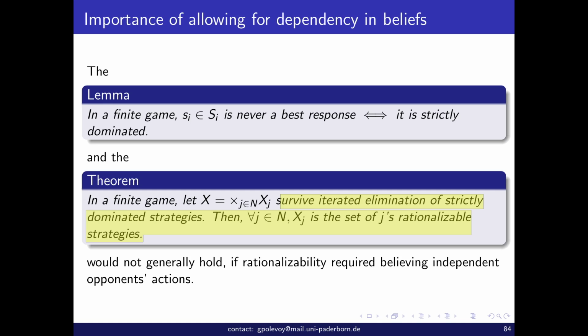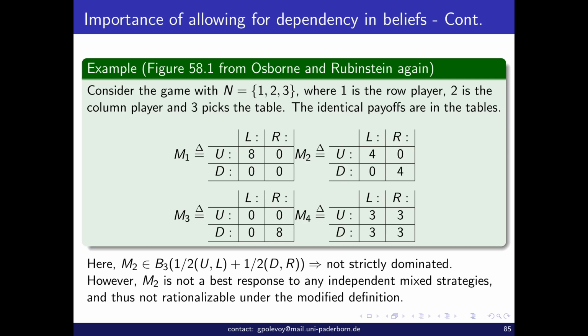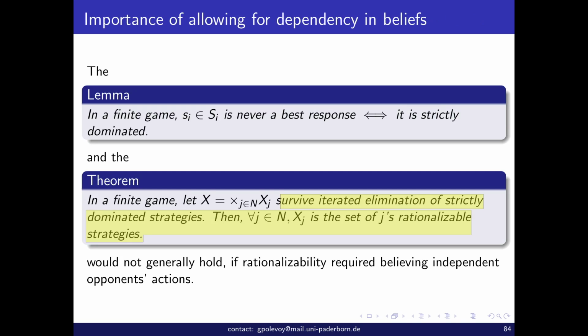Now, of course, under the assumption that you certainly have to believe only independent actions of the other, we show that it's not rationalizable, but it still survives the iterated elimination of strictly dominant strategies.